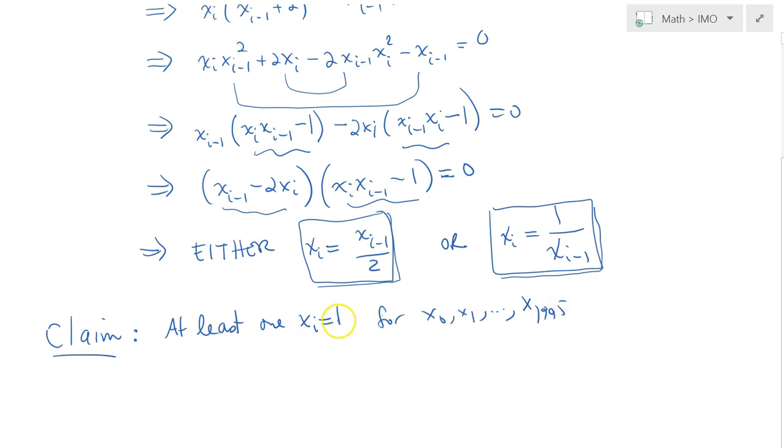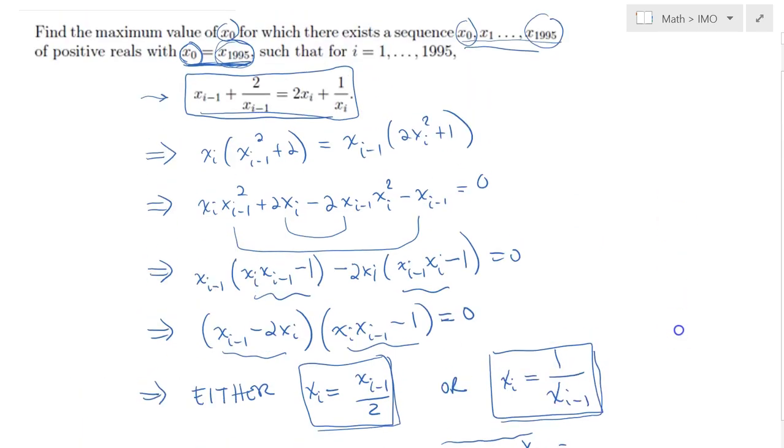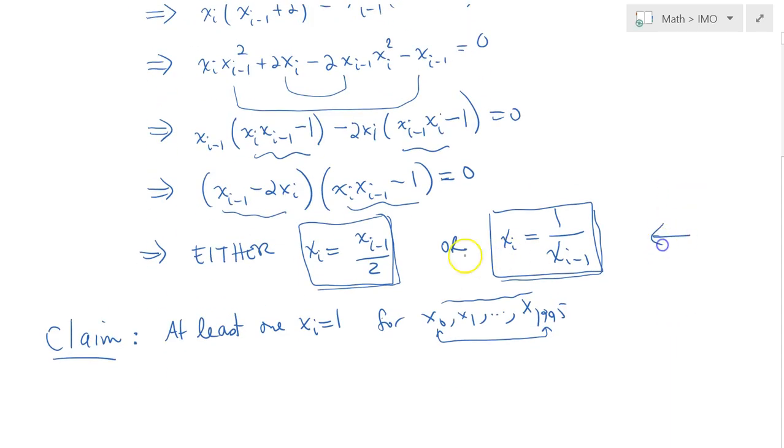That's the only way that the first term and the last term are equal to each other, with the sequence governed by this new relationship that we got. And the proof is quite interesting.